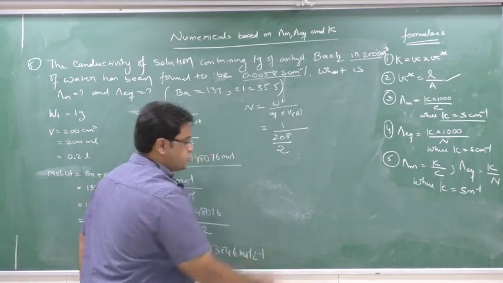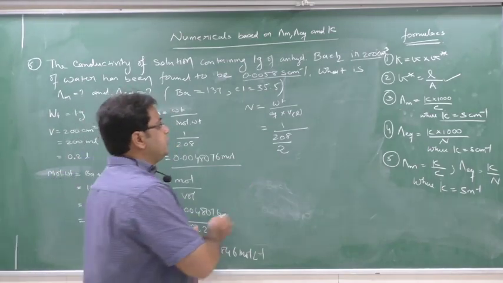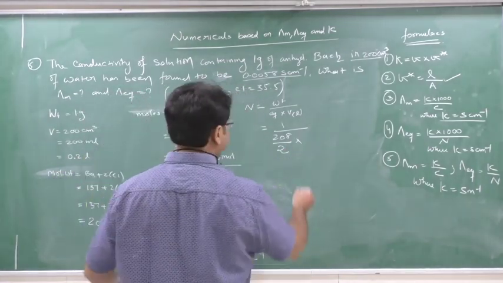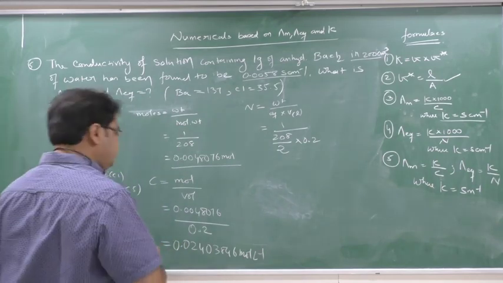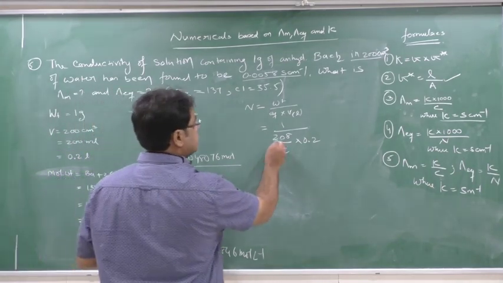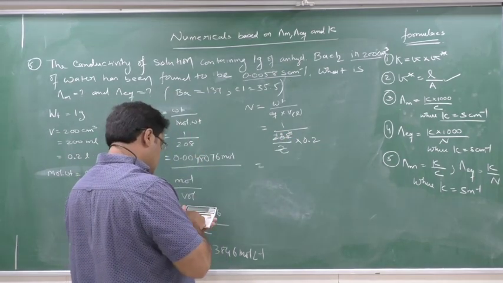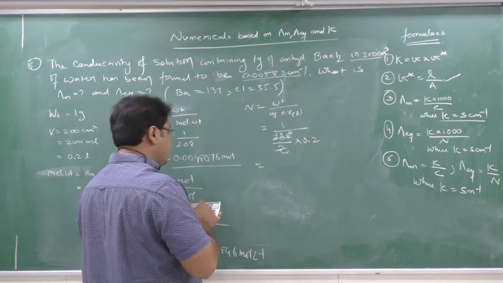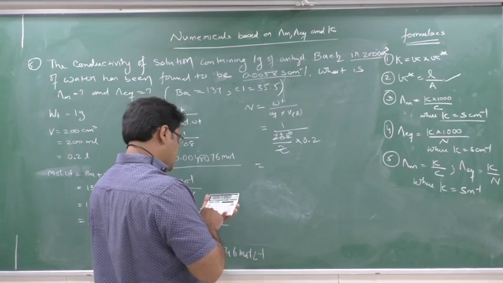So the net charge transfer is 2 into volume in liters. How much volume have they given? They have given 0.2. So 2 ones are 2, 104, so 1 divided by 104 divided by 0.2.